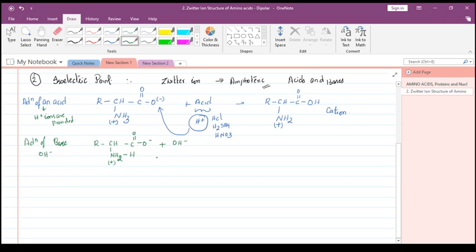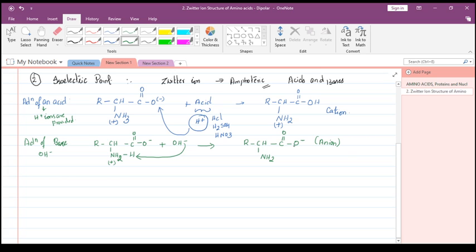So OH minus will be abstracting this hydrogen. Then as a result you will have R CH, NH2 and COO minus. So it is an anion.